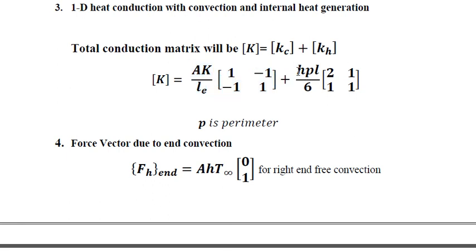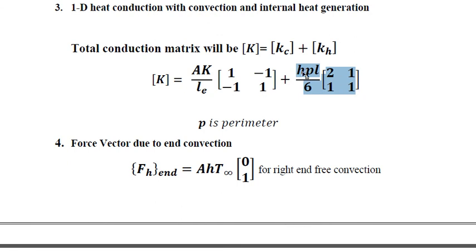What is this? If there is internal heat generation and convection, what type of convection? The surface convection, not the end convection. It is not mentioned as end convection. It is simply mentioned convection, which means it is not insulated.